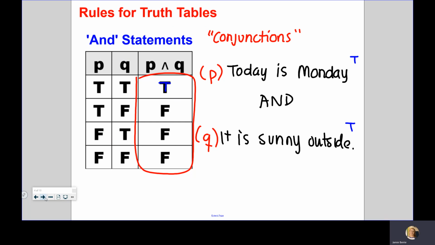But let's consider the scenario where the second part is false. Today is Monday, that's true, but it's not sunny outside. Then the entire compound statement would be false. It cannot be true because we already know it's not sunny outside. So that's why we have an F here.